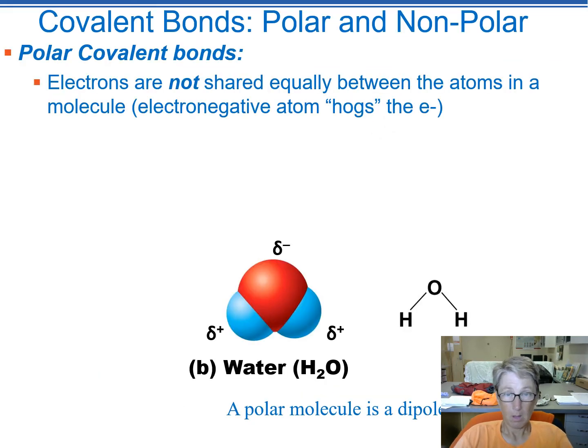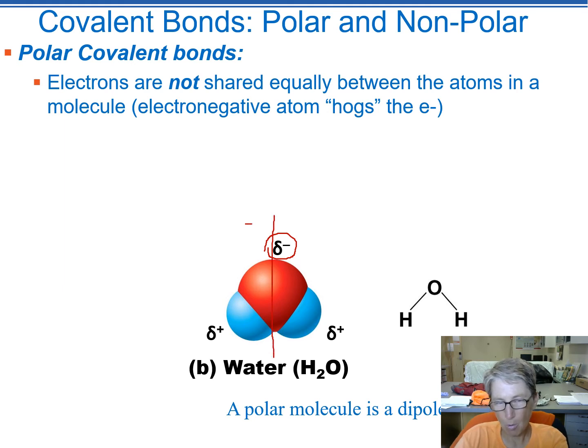What about unequal sharing? Polar covalent bonds. Why do they call them polar covalent bonds? Here's why. Because remember, on the Earth, you have the North Pole and the South Pole. So they took that concept and they said, in an unequal sharing of electrons, you will have a kind of pole.